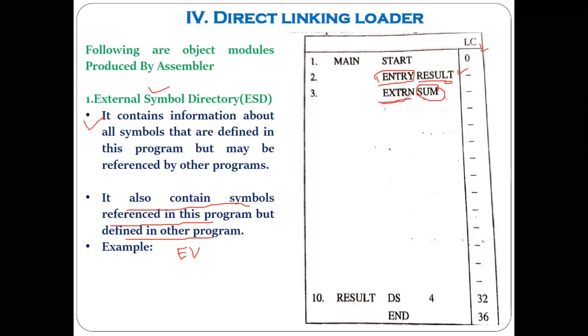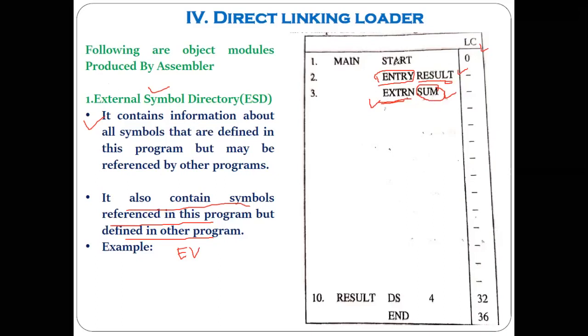So sum is the external variable here, which is not defined in this program but utilized in this program. Some variable might be defined in the other program, but you utilize it in this program. If you want to utilize it, it has to be declared as extrn.